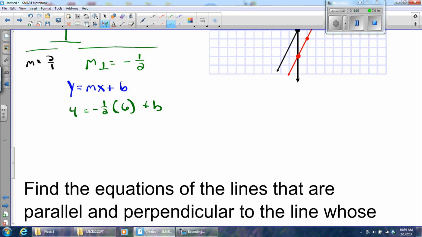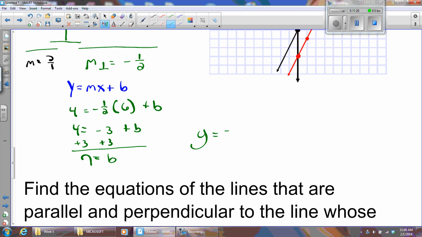This will help me find the y-intercept. So negative 1/2 times 6 is going to be negative 3 plus b. I'm going to add 3 to both sides, and I will know that b equals 7. So the equation of my perpendicular line will be y equals negative 1/2 x plus 7.